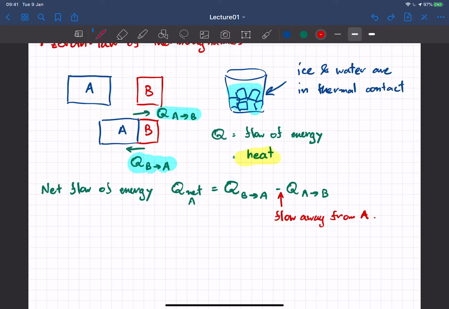So similarly, we can write Q net for B. So from the point of view of B, the sign will be reversed. Okay, Q from B to A, from the point of view of B, it's flowing away. So in this case, you're gonna have Q from A to B, which is positive because it's flowing into B, and then minus Q from B to A, which is just minus Q net of A.